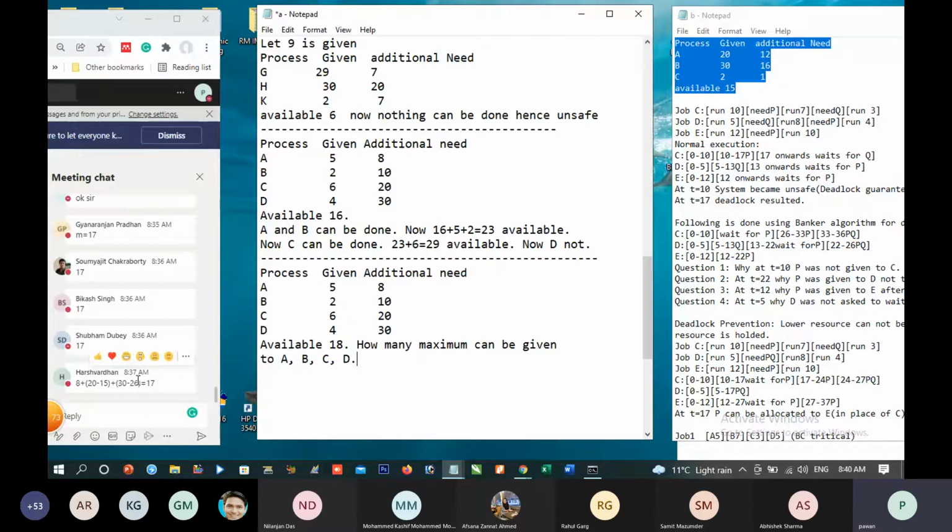How did you get 20 minus 15? From where did you get 15? That I could not follow.